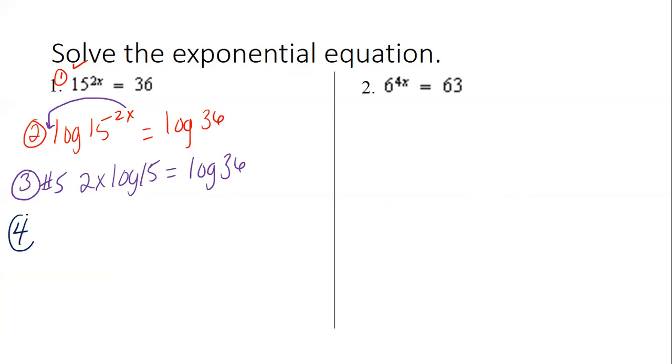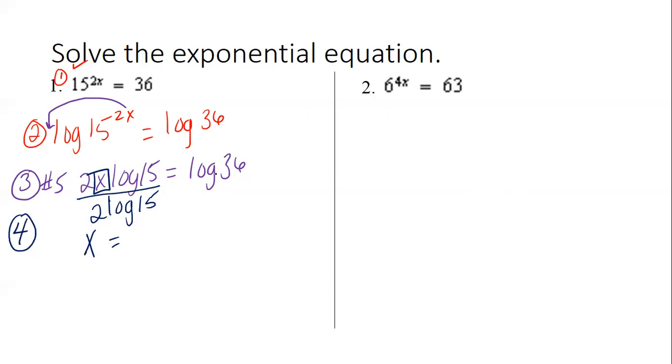Step 4, your job is to get x by itself. So if I'm multiplying by 2 and multiplying by log 15, how would I move them to the other side? Divide, right? The opposite of multiplication is division. So I'm going to divide by 2, and I'm going to divide by the log of 15. What that does is it leaves my x by itself.